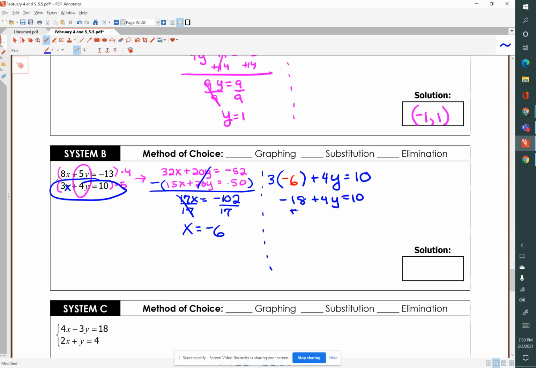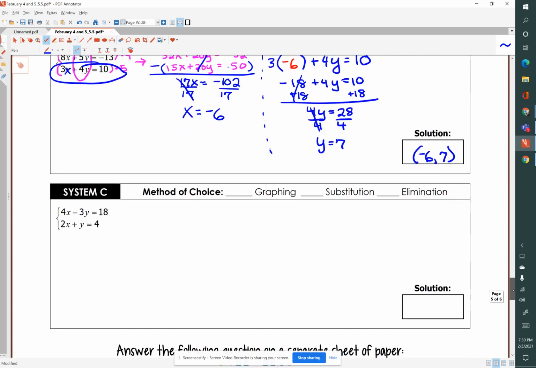I'll add 18 to both sides of the equation, which gives me 4y equals 28. I'll divide both sides by 4, and y equals 7. And my solution is negative 6 comma 7. So I used elimination to solve that system.